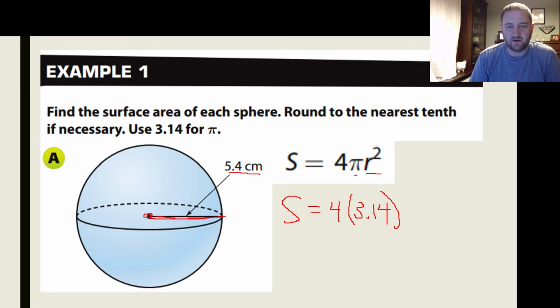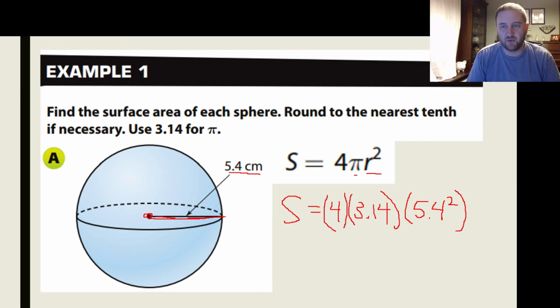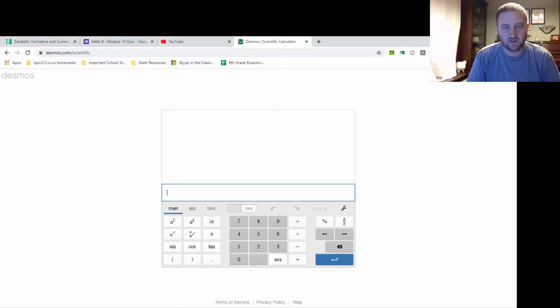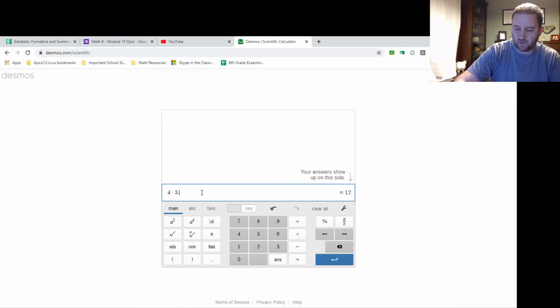Our radius is 5.4, so it's 5.4 squared. We come over to our calculator, open up Desmos, and plug it in: 4 times 3.14 times 5.4 squared, so 5.4 times 5.4.